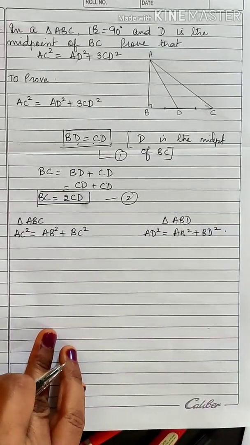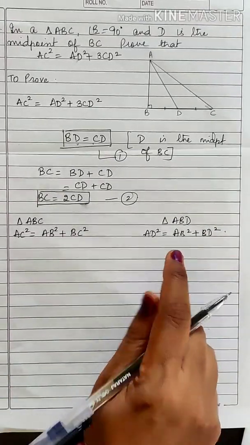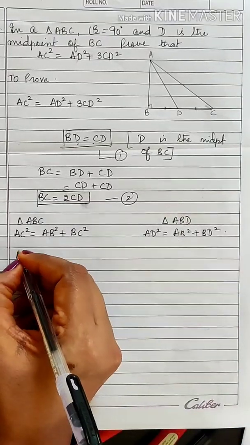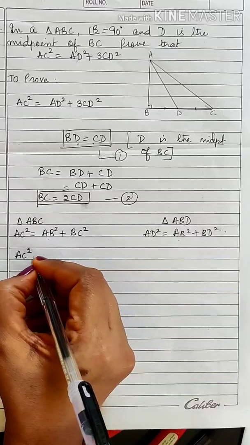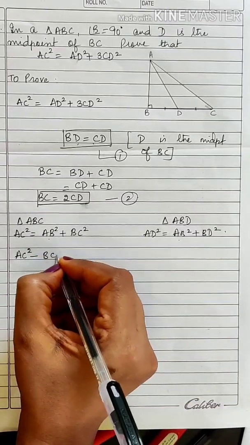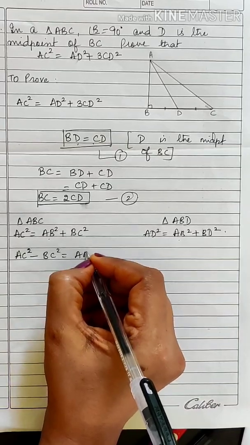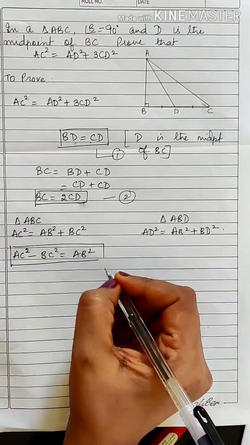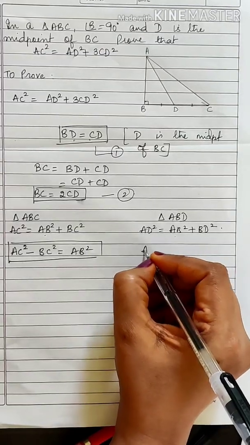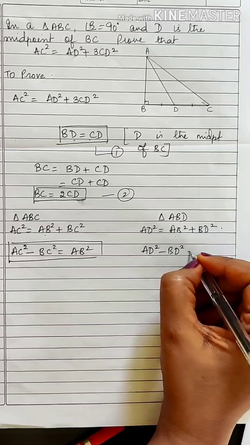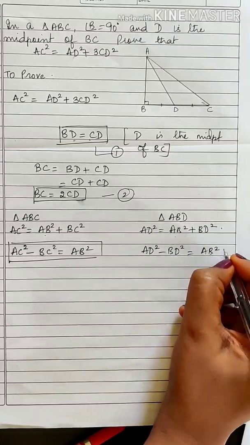Now, if you observe these two equations, the common thing is AB square in both the equations. So, what we can do here is, we will get the terms for AB square, that is AB square is equal to AC square minus BC square. Similarly here AD square minus BD square is equal to AB square.